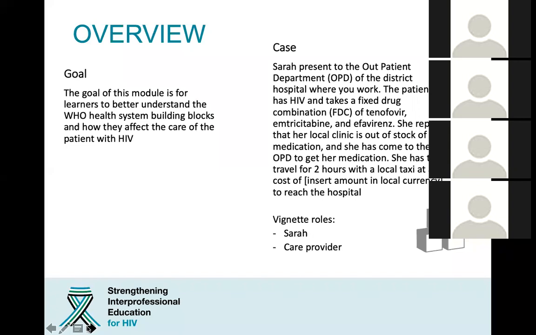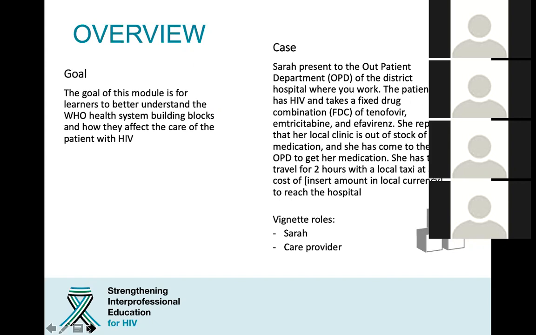So this module is really about giving the participants an idea of how the health system affects the care of patients with HIV. To do that, we start off with a patient scenario where a patient goes to the local clinic and finds out that the medicine is out of stock, and now she has to travel a considerable distance at expense to go to the nearest district hospital to get her medication there.